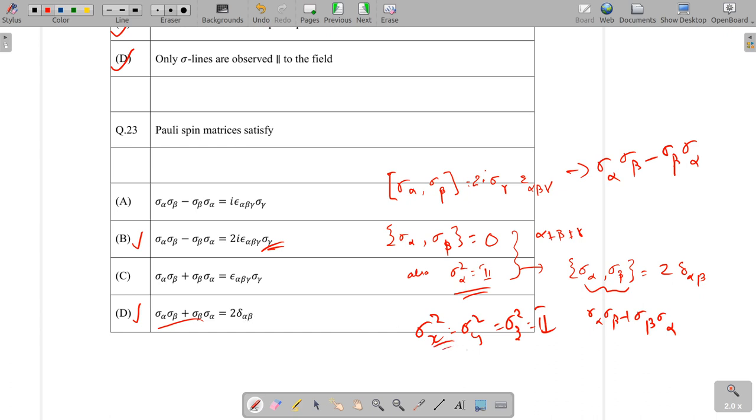Otherwise they anti-commute, it should give you 0 here. So this is the commutation and this is the anti-commutation. This is easy, should be my own.